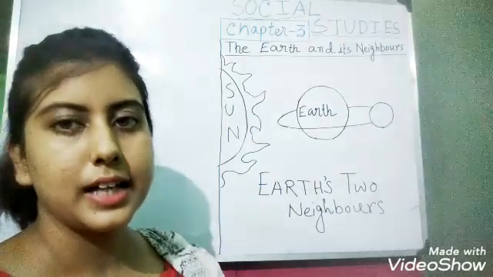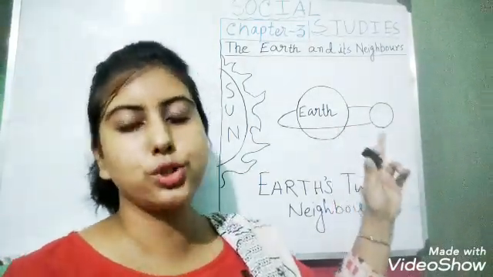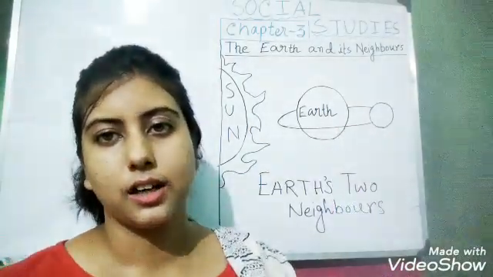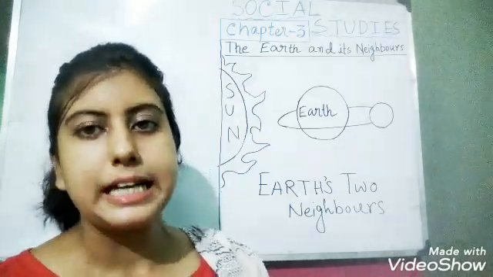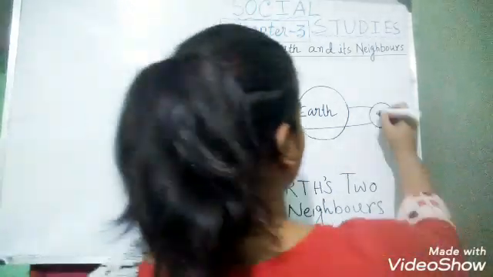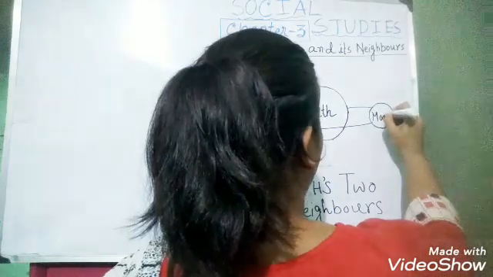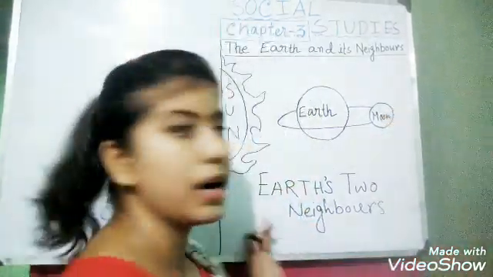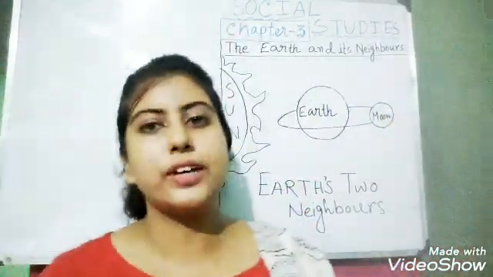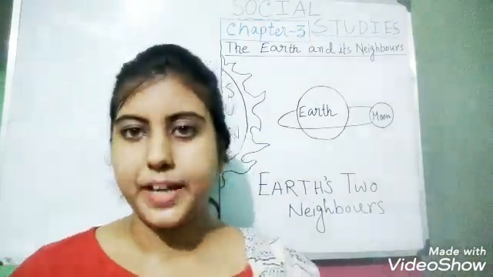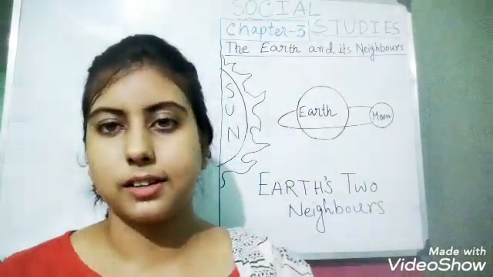Now, this small round object is the moon. This is the only satellite of our earth. We will read about them in today's class.